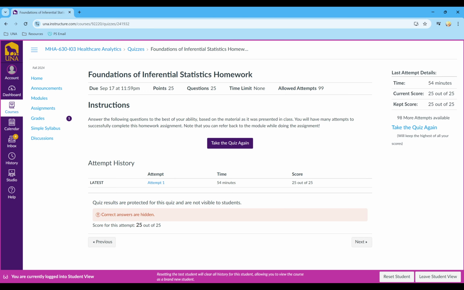Let me also add, I think I said this earlier, to me, this is the hardest assignment in the course. So everything is downhill from here. Next week should be somewhat easier, and then I think y'all, again, this is a healthcare analytics class, but this is in a healthcare administration major.